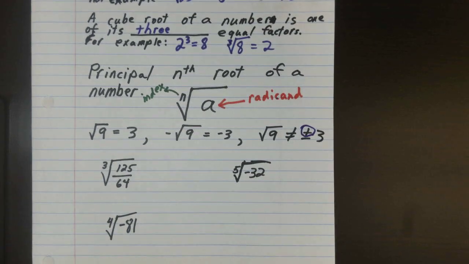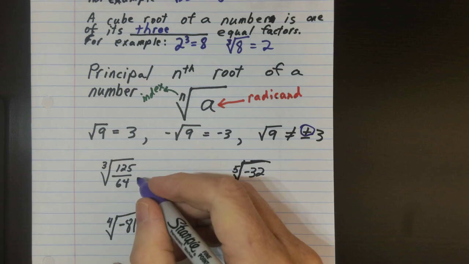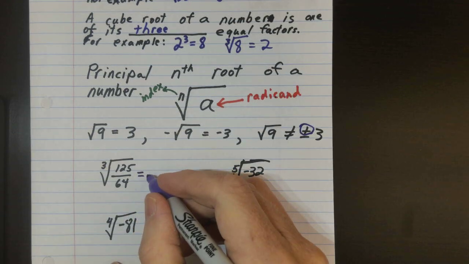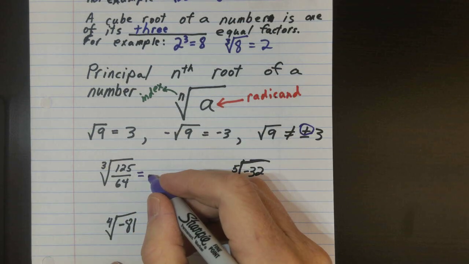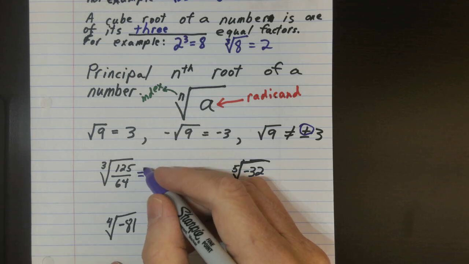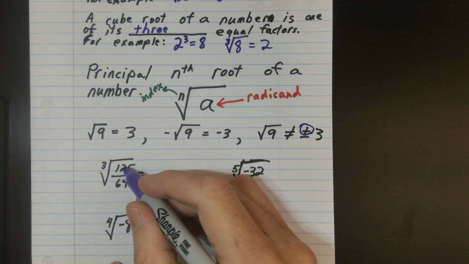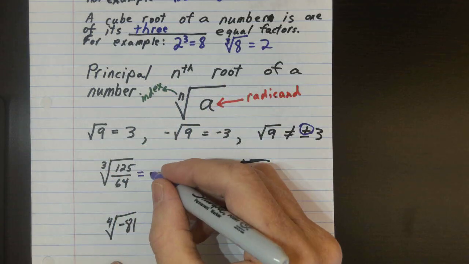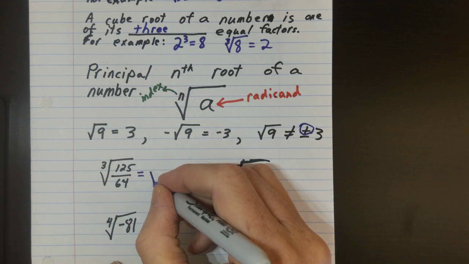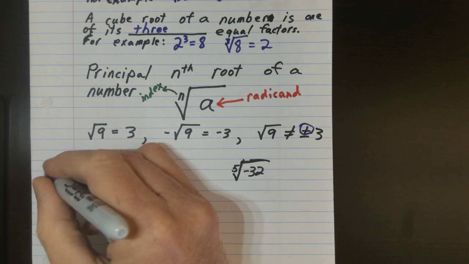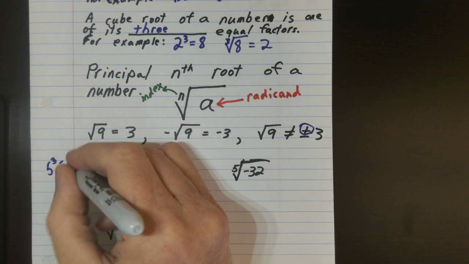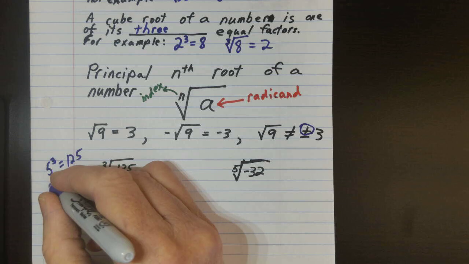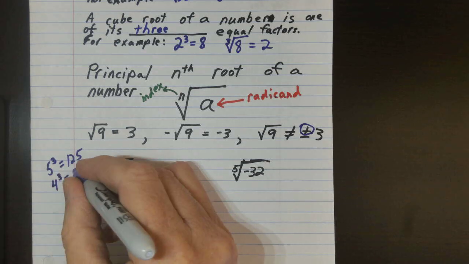All right, so we've got a few examples here. We've got the cube root of 125 over 64. You could split these up, but I'm going to deal more with the fact that 5 to the third power is 125, and 4 to the third power is 64.